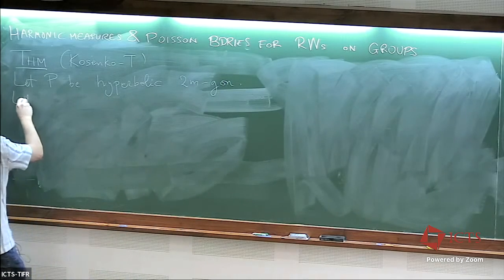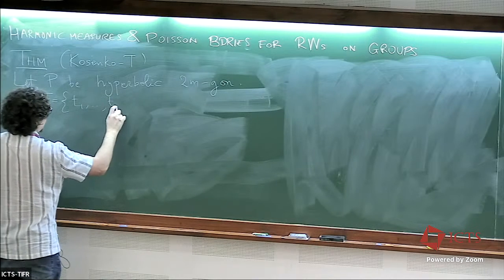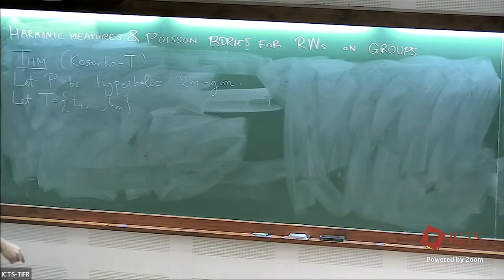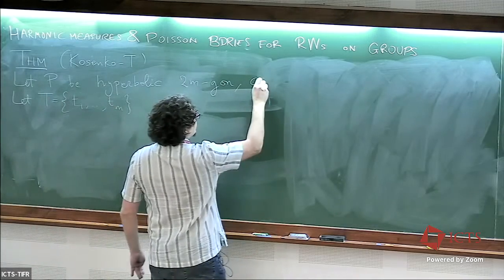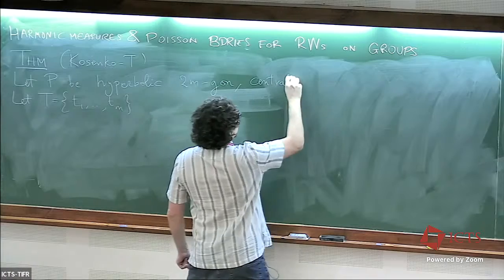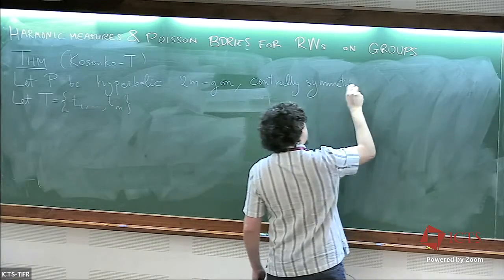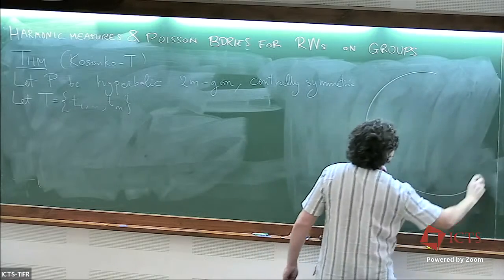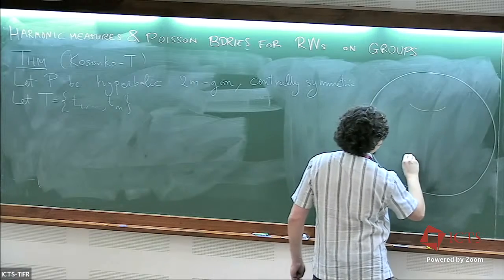And we let P be the set of translations that identify opposite sides. And so we want it centrally symmetric. This is the crucial assumption. So the picture, again, we can talk about maybe an octagon, which is the easiest.